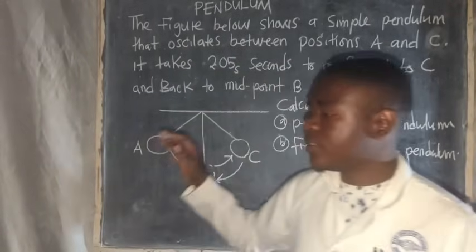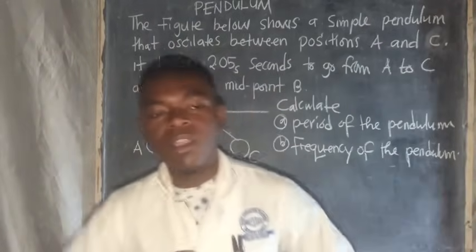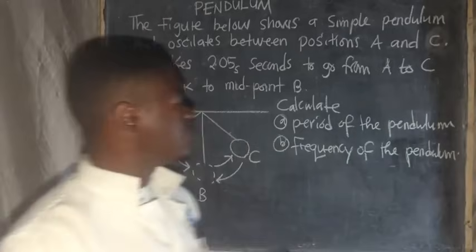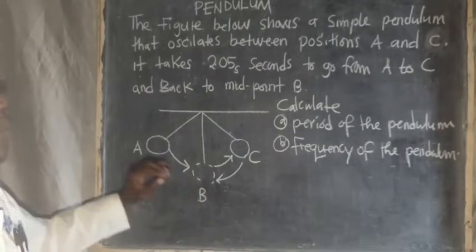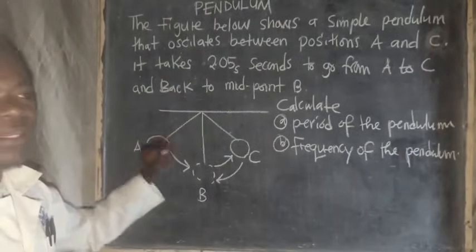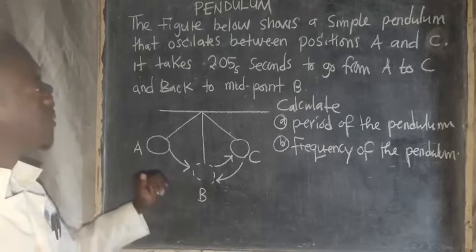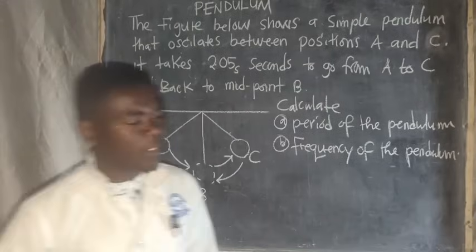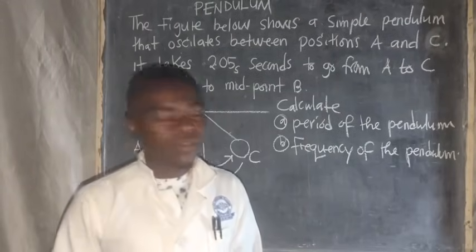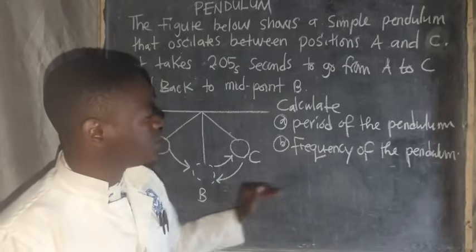Even as I teach you this, I want you to understand all the concepts that are used, how to go about this particular question, and how to answer it. So as we start, I want you to follow me properly and attentively.